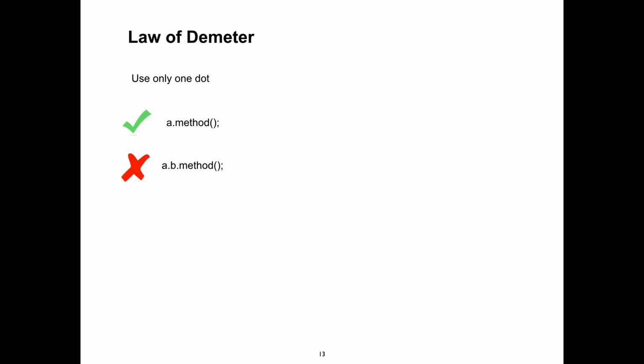Well, yeah, but if I'm doing it this way, it's not okay. Why? Because A is either a field in my object or a parameter or something I created, but B, what's B? It's not an argument. It's not something I created.